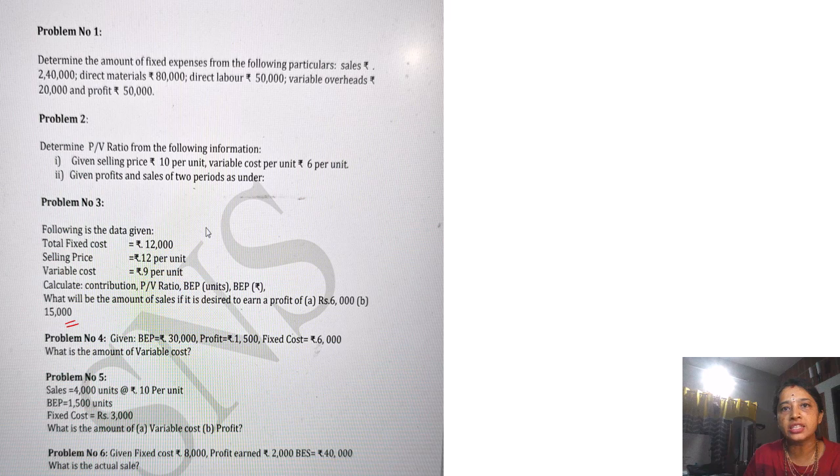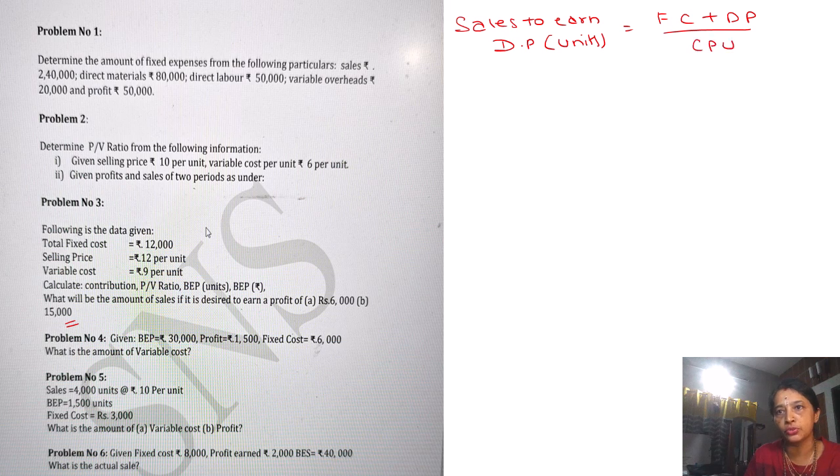So sales to earn desired profit in units. What is the formula? Fixed cost plus desired profit divided by contribution per unit.